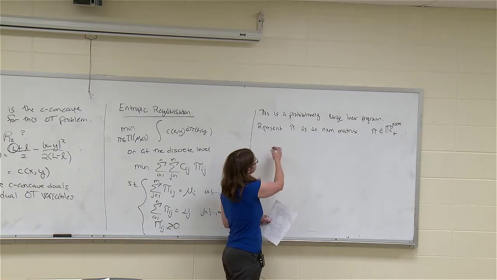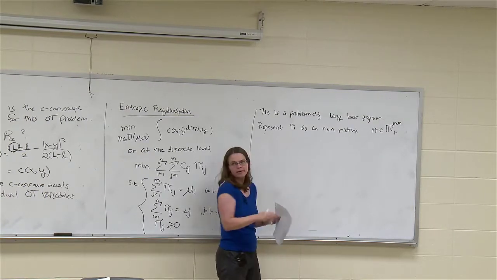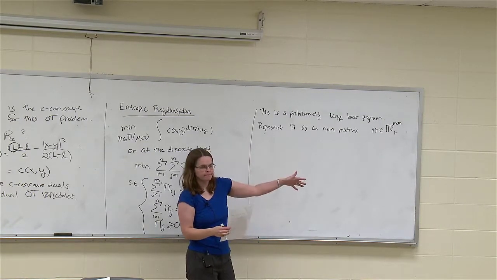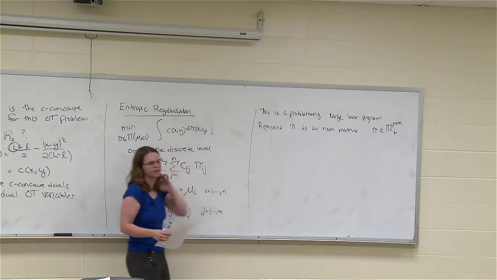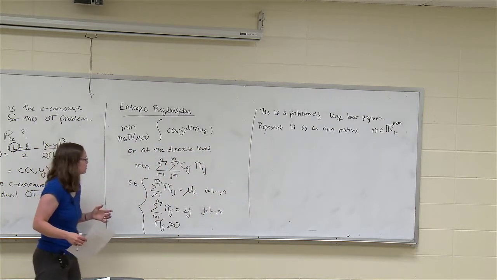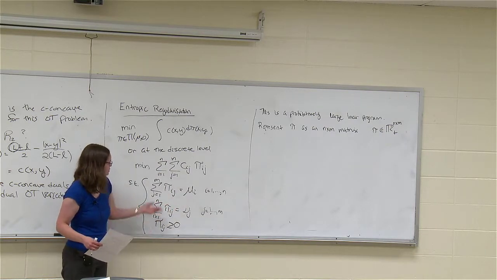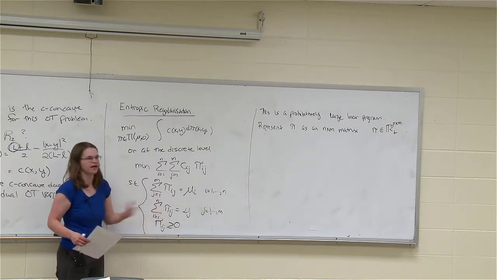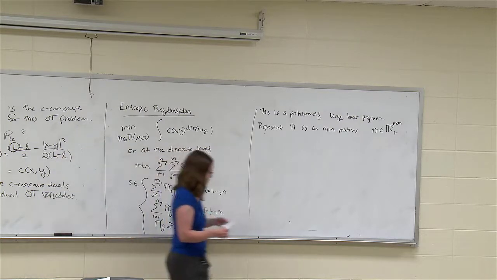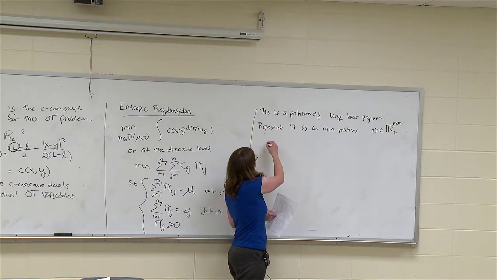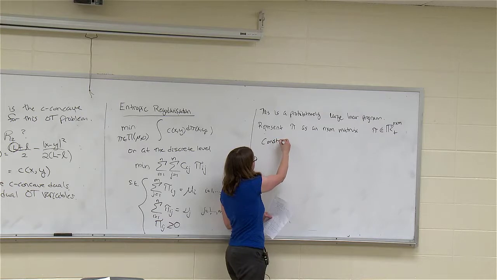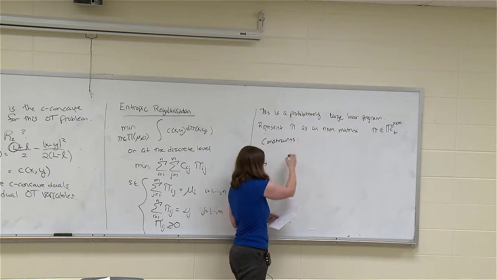Now if I look at pi as my matrix and I add up any particular row of it, or any particular column of it, I'm adding up over the jth column or over the ith row. So for my constraints, to write them a little bit compactly, what do I have?